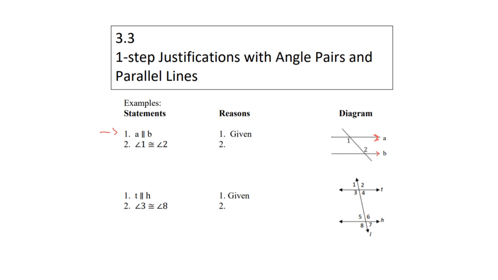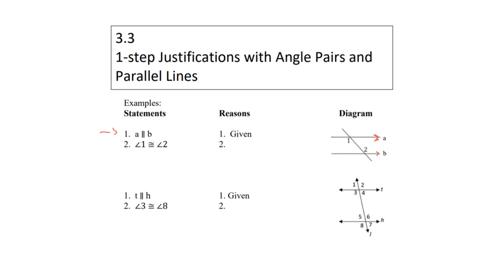Well, what type of angle pair relationship do angle 1 and 2 have? I hope you are thinking that they are alternate interior angles. Remember, they're both in the interior of our lines and they're on different sides of the transversal, so they are alternate interior angles. Well, if you think back to section 3.2, our theorem said if lines are parallel, then alternate interior angles are congruent.